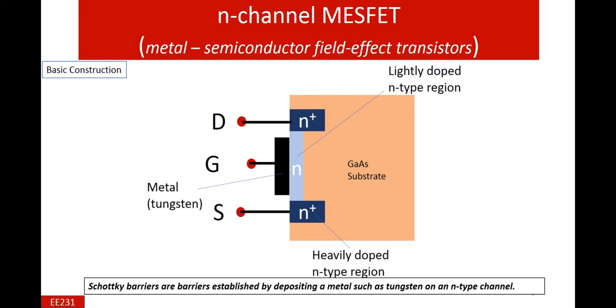Also, due to the absence of an insulating layer, the distance between the metal contact of the gate and the semiconductor layer is thin, less than as compared to the previous MOSFET case.